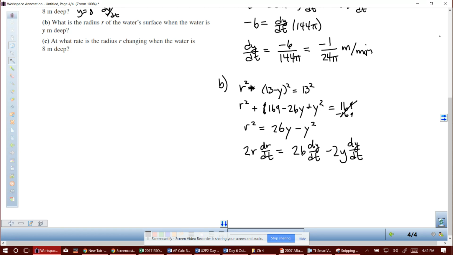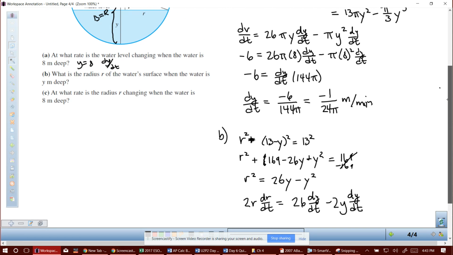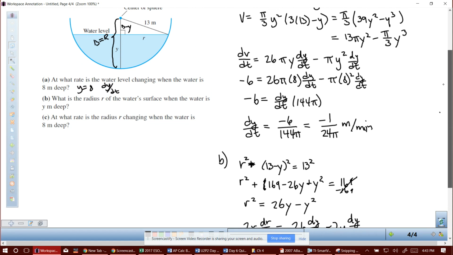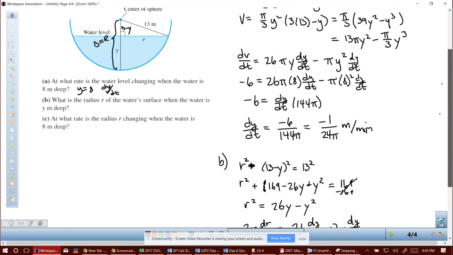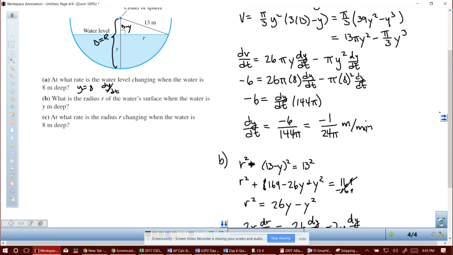All right. As I'm working on that one, let's say what I know. I have to come back here and figure out the radius. So what would the radius be at the instant that y is 8? If y was 8, then this triangle would be 13 minus 8, which would be 5.